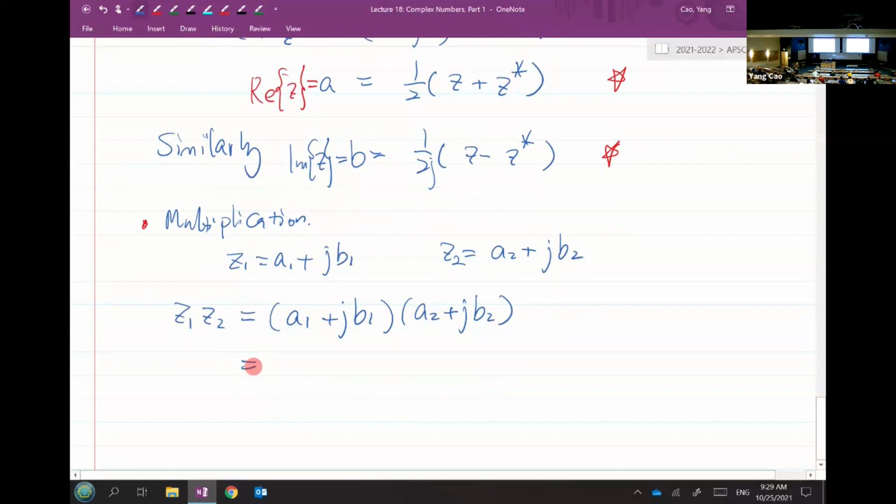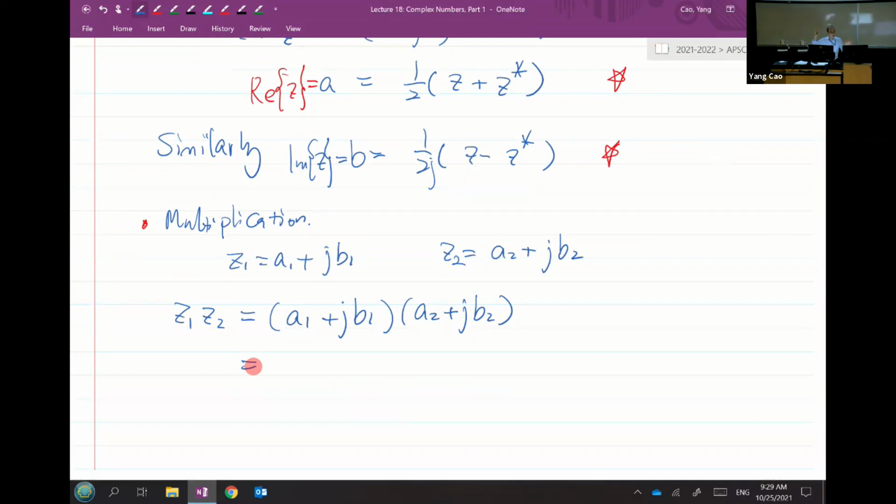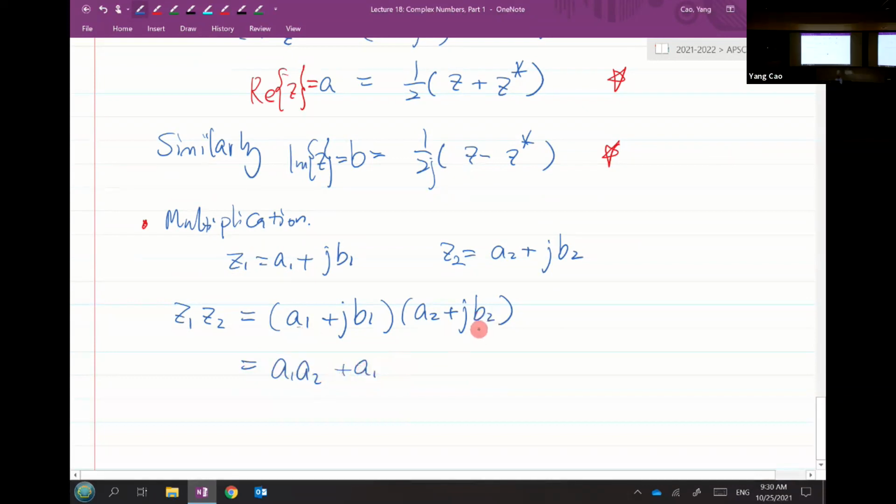Very much like x plus y times maybe another w plus e, right? So now you multiply every term out. Basically you multiply a1 times a2, a1 times jb2, so you can write a j at the top.